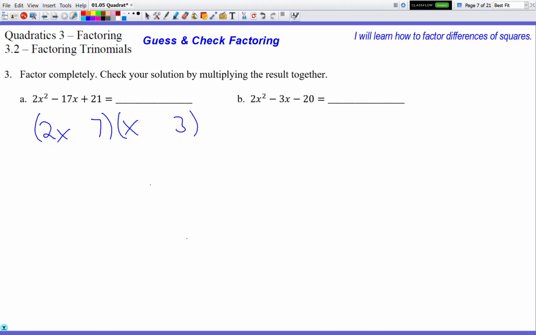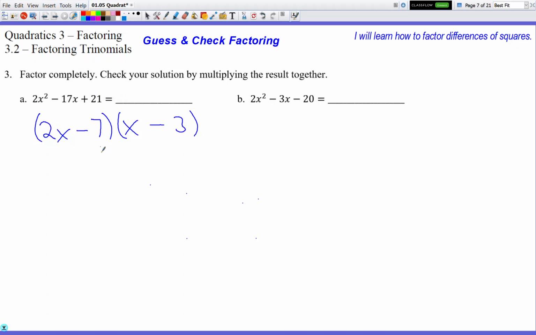Okay, so it's a positive 21, so I got to put numbers that make positive 21 when I multiply, so I've got to keep that in mind. And when things combine, I got to have a negative 17. So I might have to put negative 7 and negative 3 because, keep in mind, I got to get negative 17. Okay, so here's how you check your answer. So this is my guess. Now I got to check to see if I was on the right track.